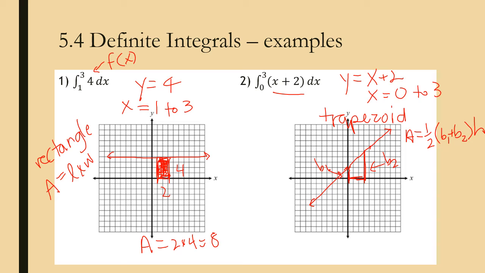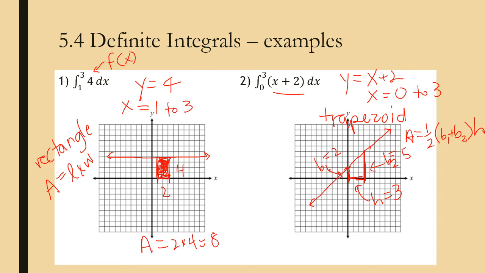So you add the two bases, B1 and B2, and so this B1 is 2, and B2 is 5. This is actually the height, because like I said, this trapezoid is sideways. It's not resting on one of the bases.